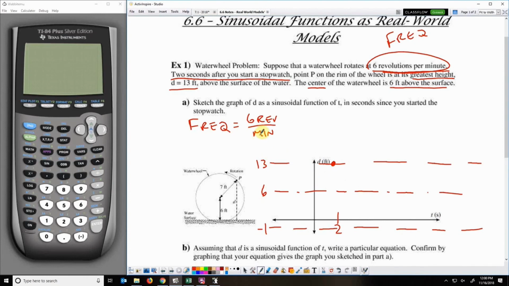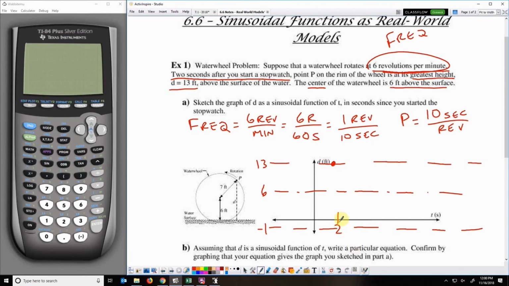Every minute is 60 seconds, so that's 6 revolutions per 60 seconds. Which is 1 revolution every 10 seconds. The period is the reciprocal of that, so it would be 10 seconds per revolution.